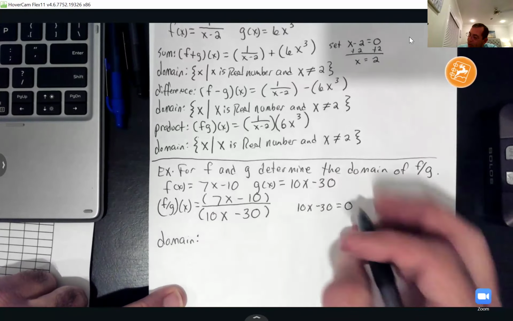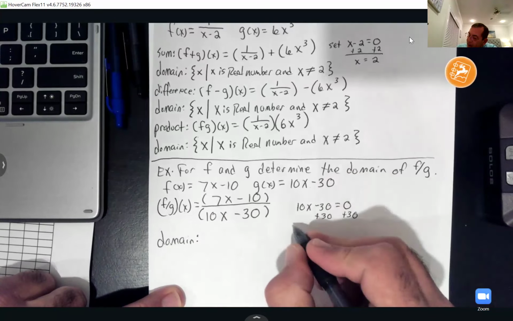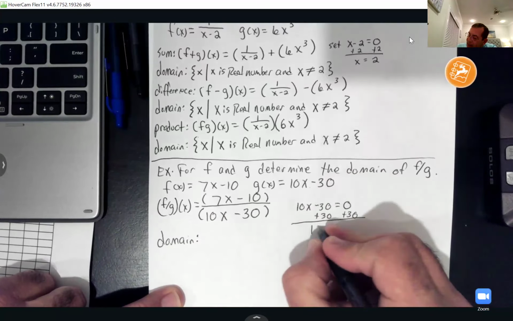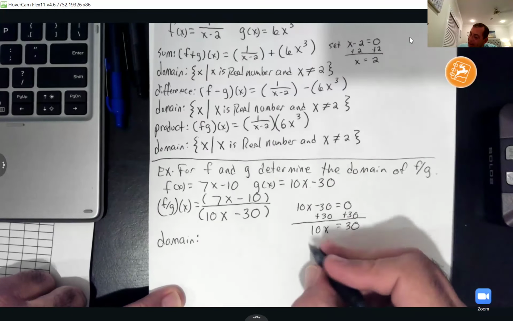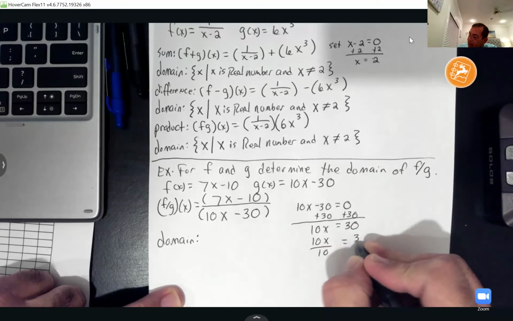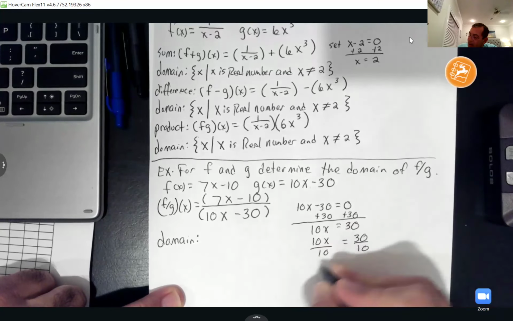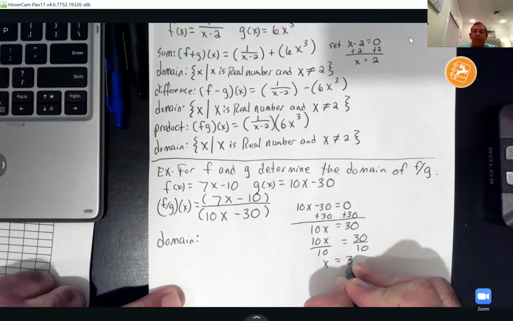So here I'm going to add 30. I'll get my 10x equals 30. And then divide by 10. So that gives me a 1x, and then 30 divided by 10 gives me a 3.